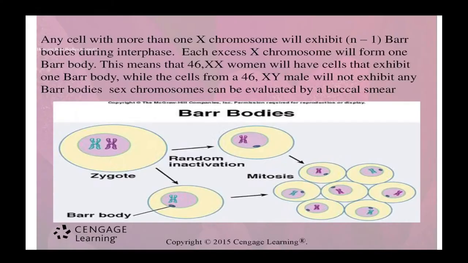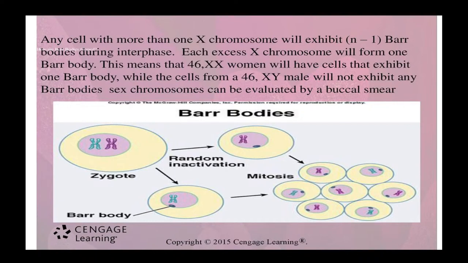The second of the cytogenetic methods is examination of Barr body. In the previous century, scientists found that in most cells of the female body, a small black spot is present.